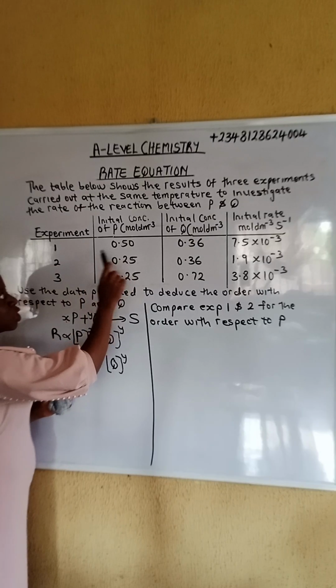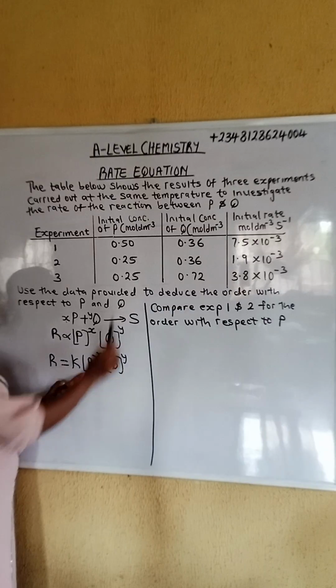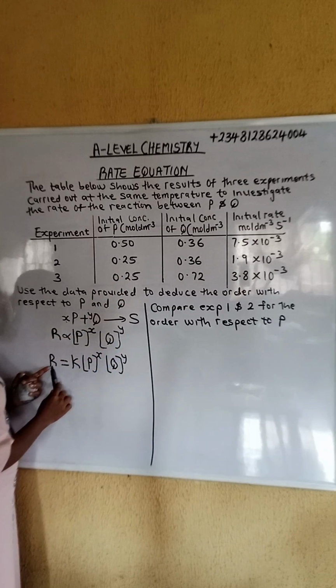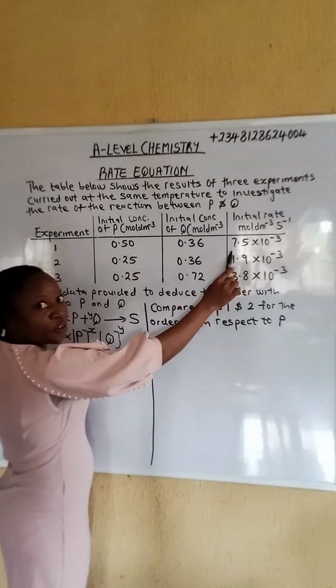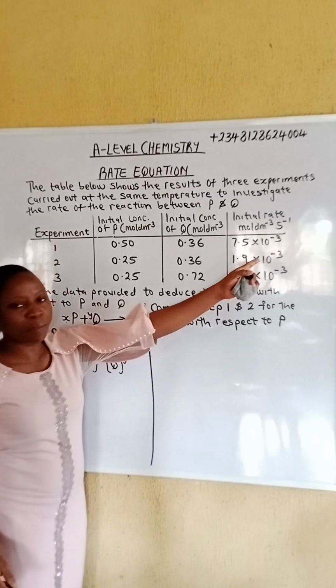So let's consider experiment 1 first. Then they've given us the rate of reaction for experiment 1. The rate of reaction for experiment 1 is 7.5 times 10 raised to power minus 3.